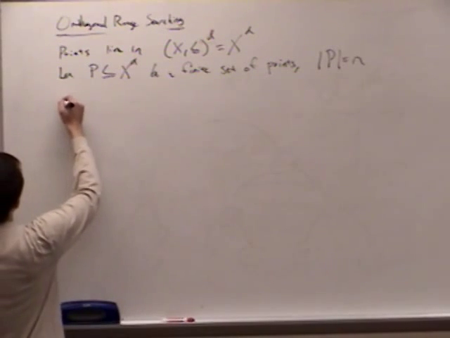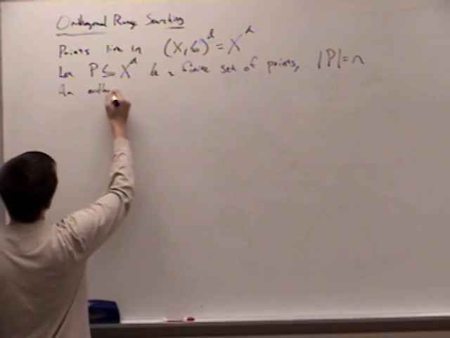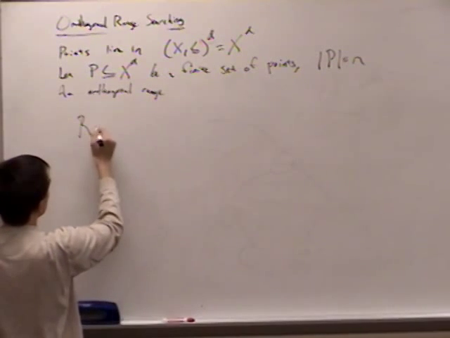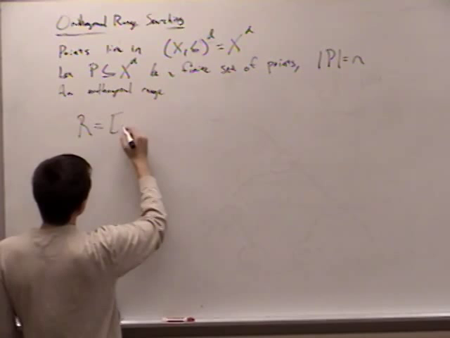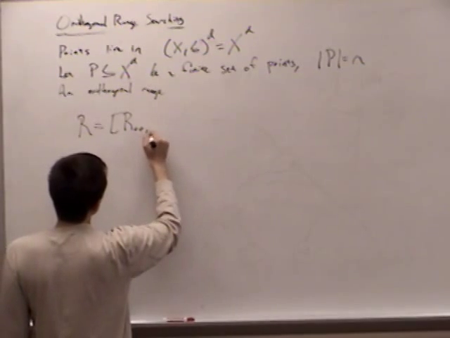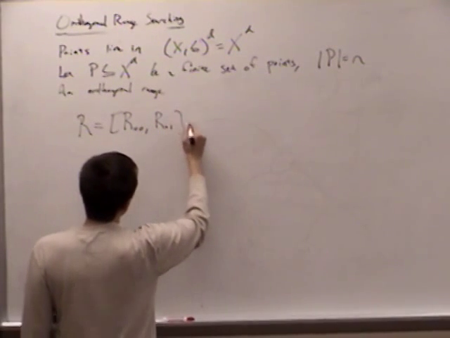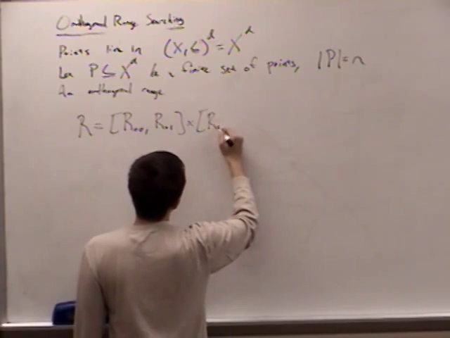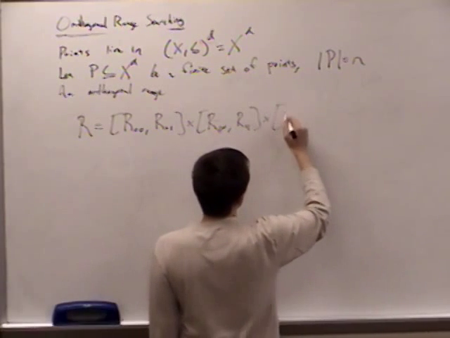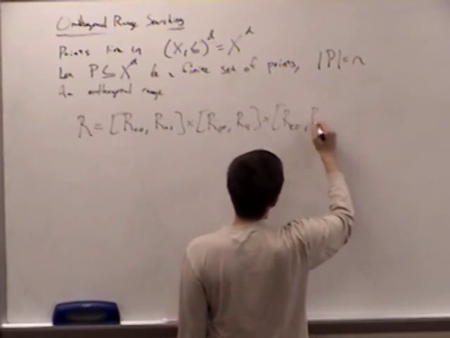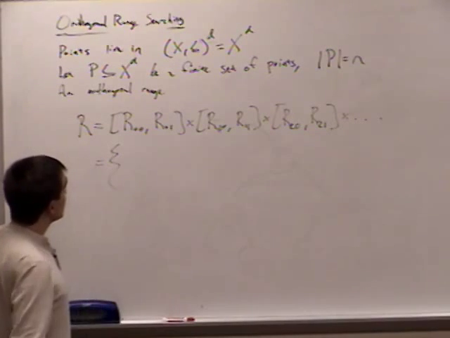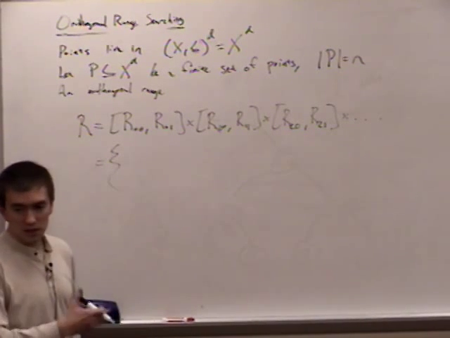And we'll say an orthogonal range, which we'll write as R, is going to be this Cartesian product of [r0,0, r0,1] by [r1,0, r1,1] by [r2,0, r2,1], etc. This is just the set of all of these points which are going to be contained inside each range independently.